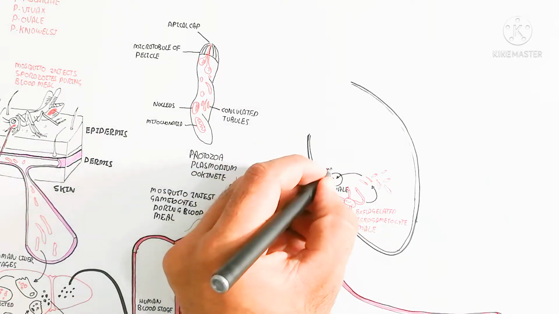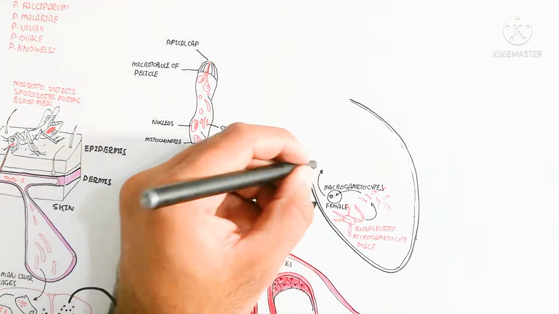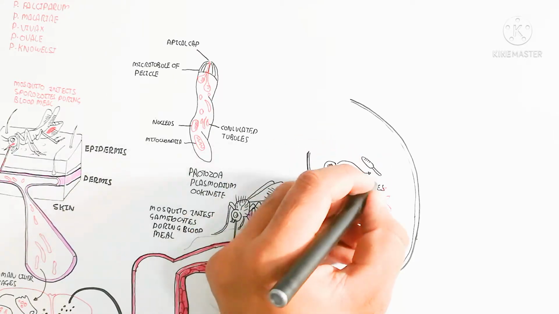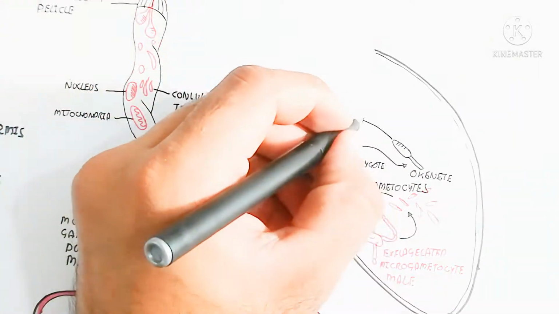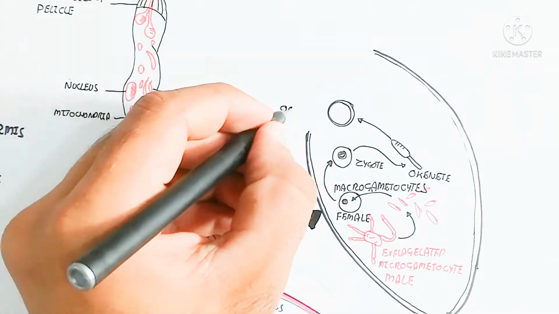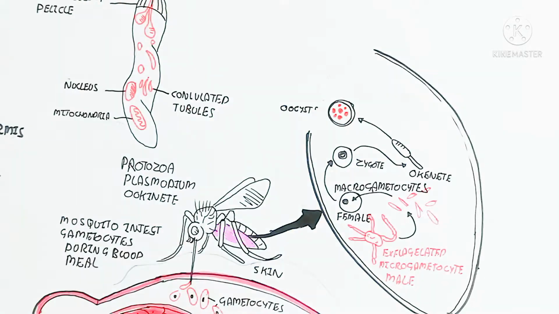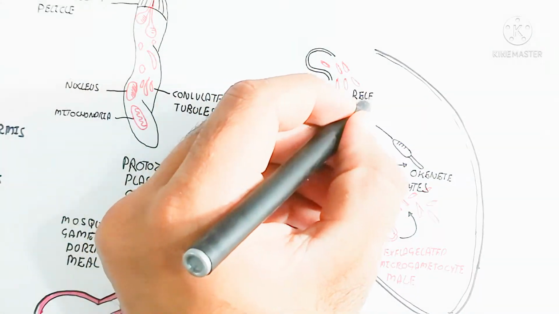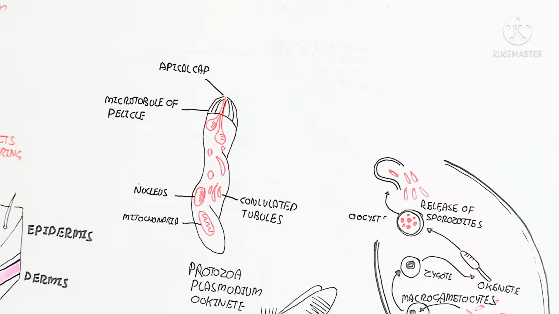So in this way you can see the exflagellated microgametocyte, the male, and the macrogametocyte, the female. These will separate and they are haploid.